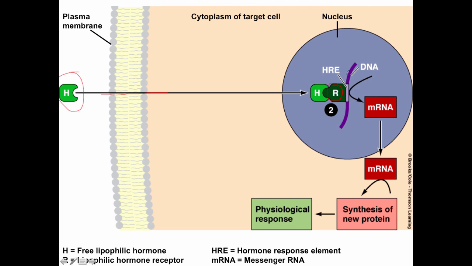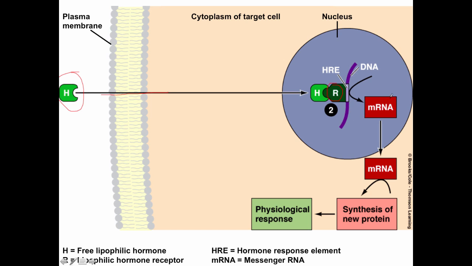The promoter region is the initial portion of a gene that controls the expression of the gene, basically whether that gene gets transcribed or does not get transcribed. So the hormone binds to that receptor and, for example, triggers the transcription of the gene.